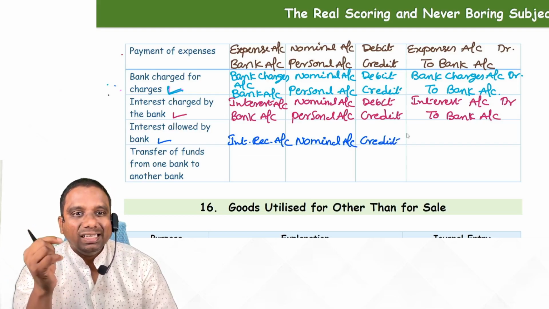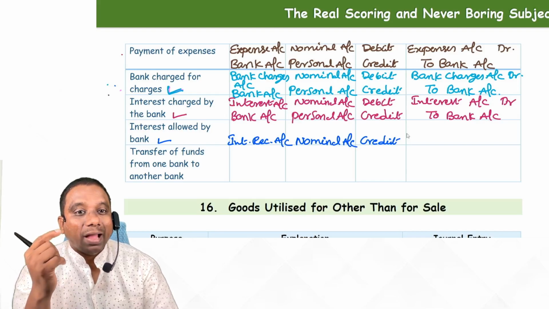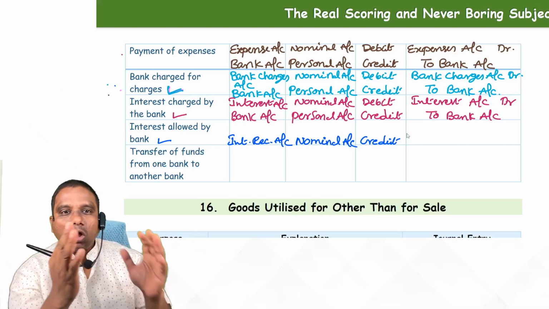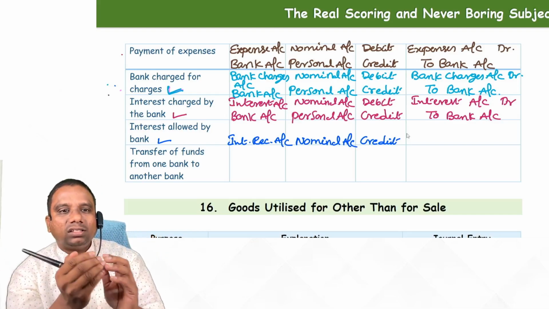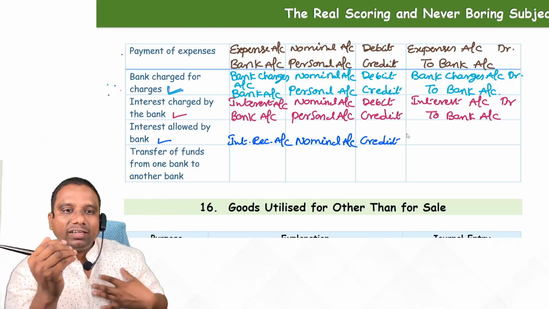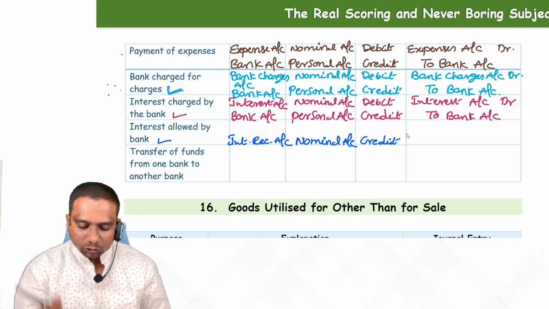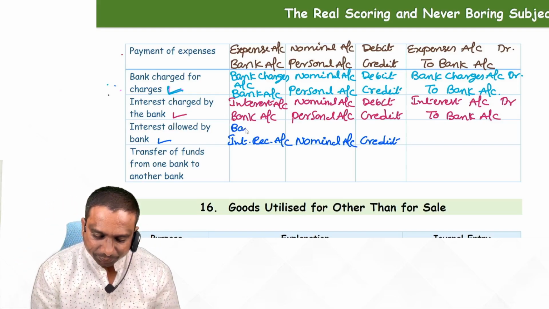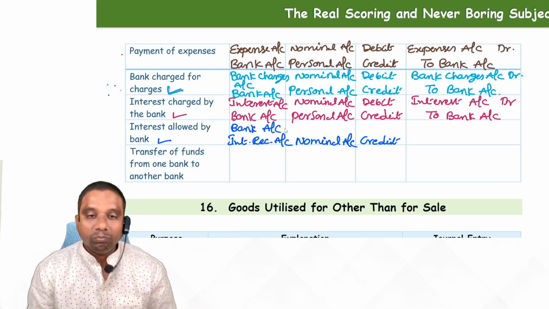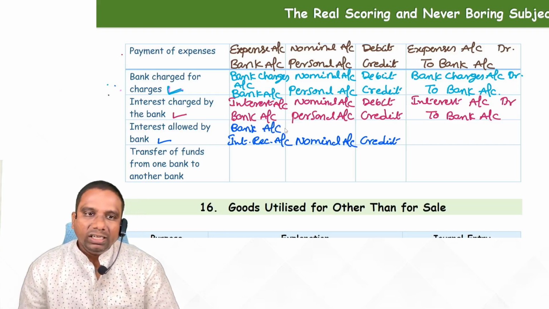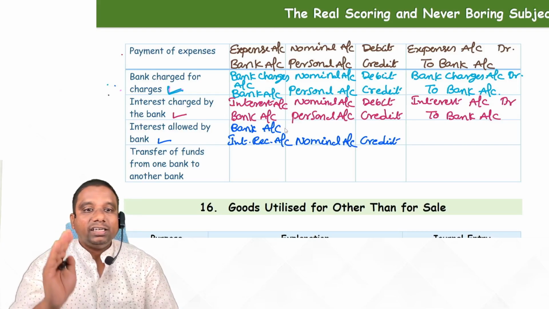Here interest received is income, so the interest received account is credited. Next, who is the receiver of this interest? The bank account is the receiver; the amount is directly credited into the bank account.